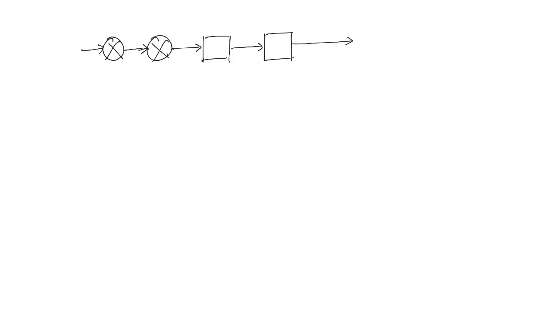Next, we will take a block diagram and try to get the corresponding signal flow graph. So this is the block diagram. Here let us say you have one feedback path, and here also you have one feedback path.